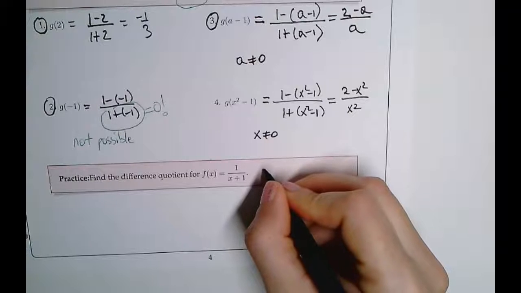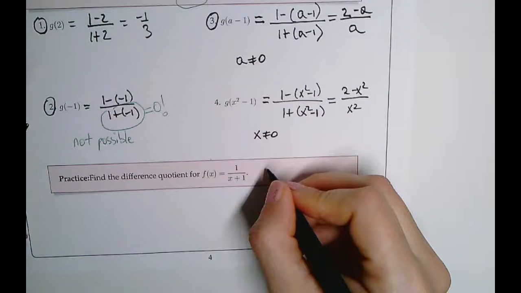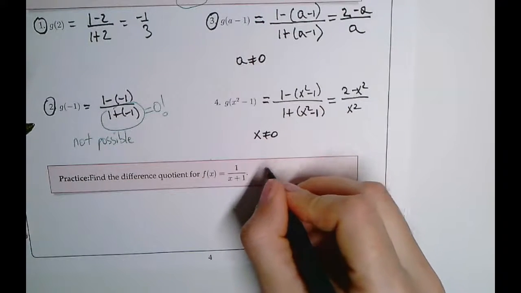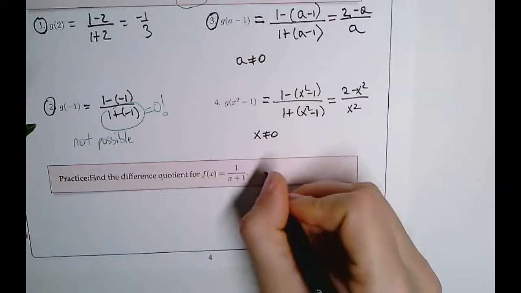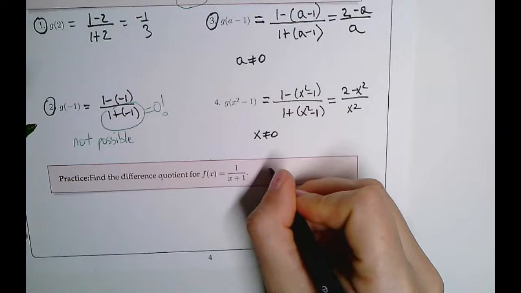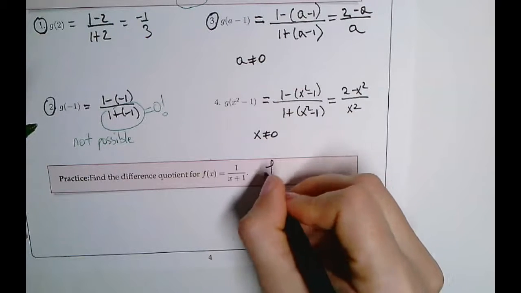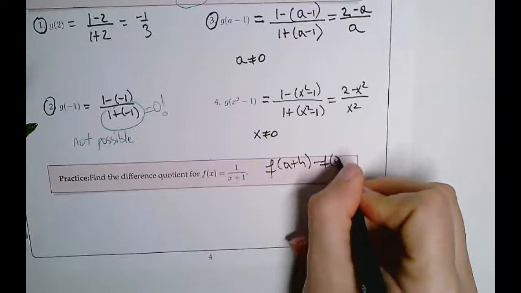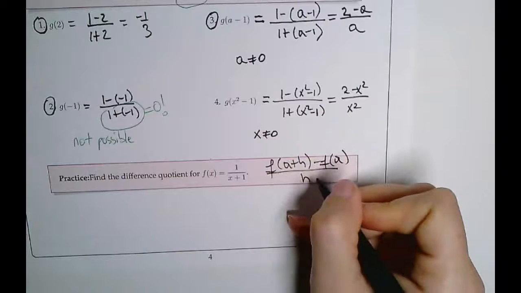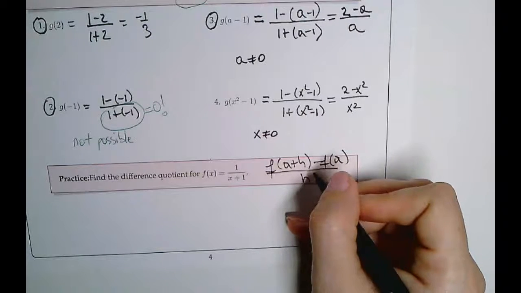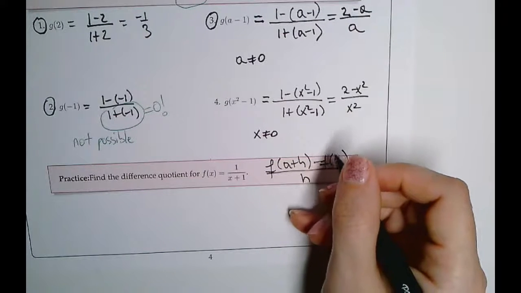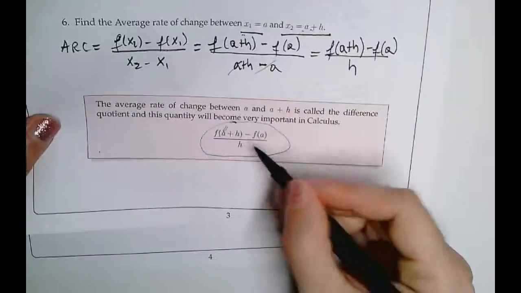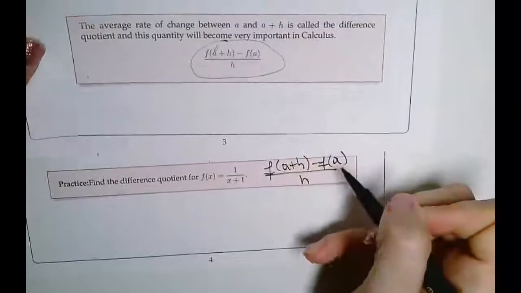Remember that the difference quotient is going to be f of a plus h minus f of a over h. That's what we decided in here. Okay, so I'm just writing the formula from there.